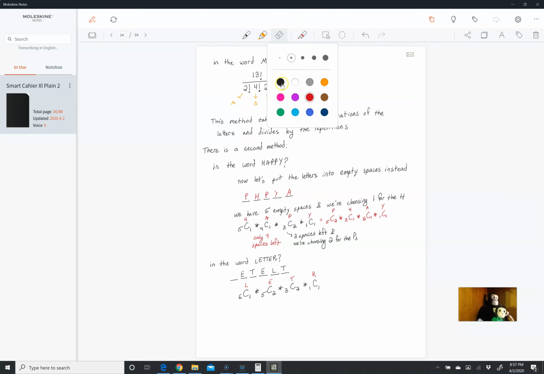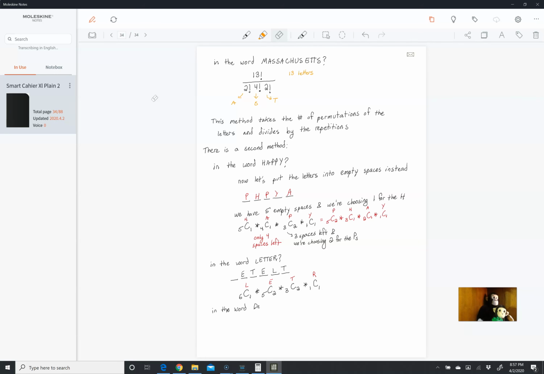Let's do, in the word dependent, it gives us the same exact thing. So in this one, we have 9 empty spaces.